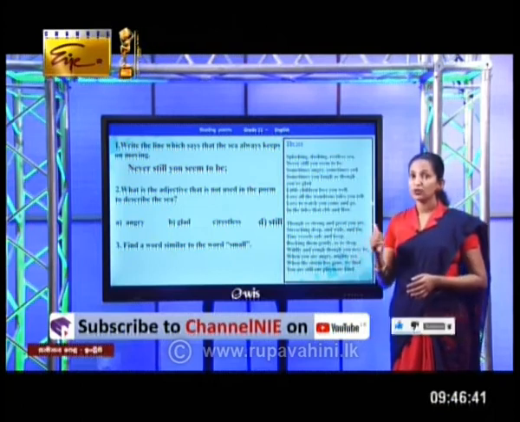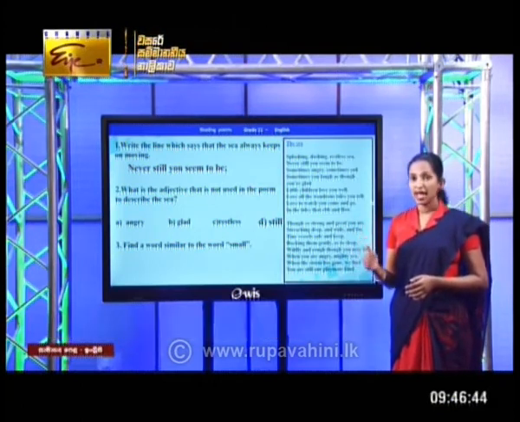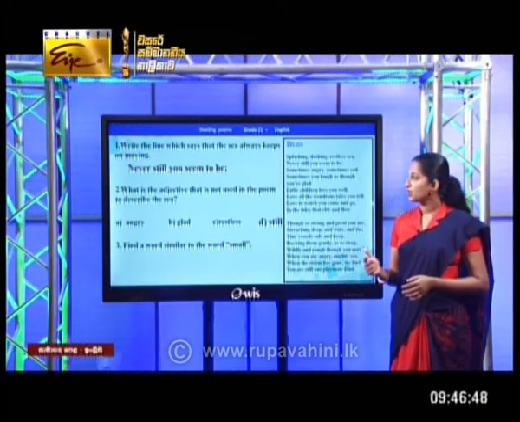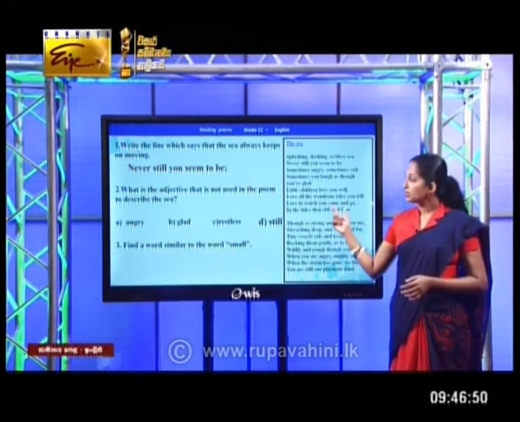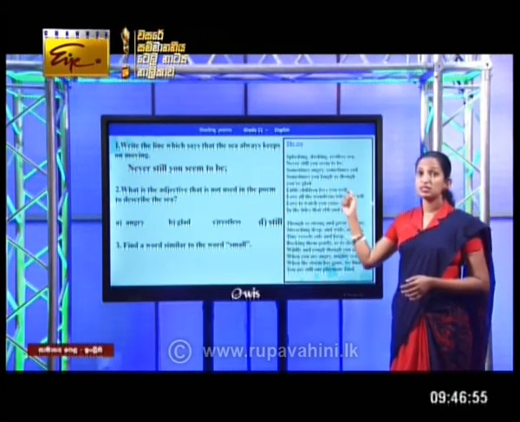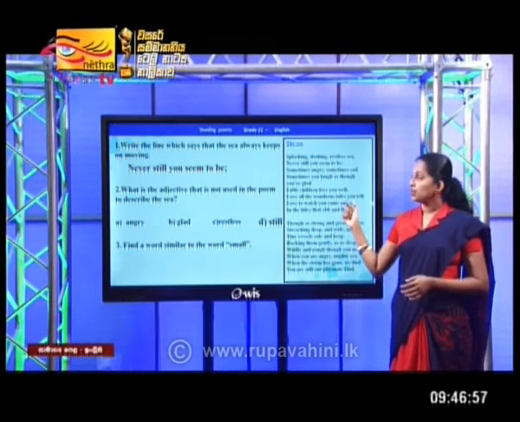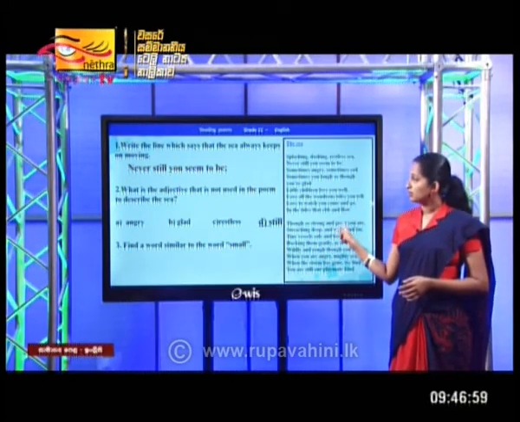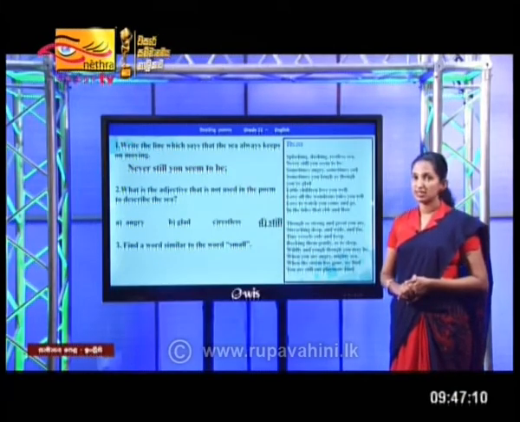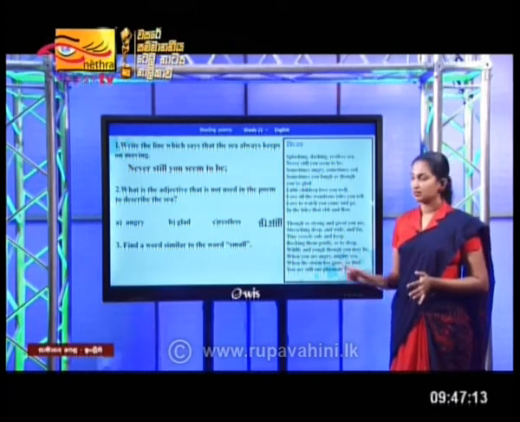In the poem, you can find the words angry, glad, restless. But the word still is not there. They have used never still. So, the answer should be D, still. Third one, find a word similar to the word small. Obviously, the answer is tiny.